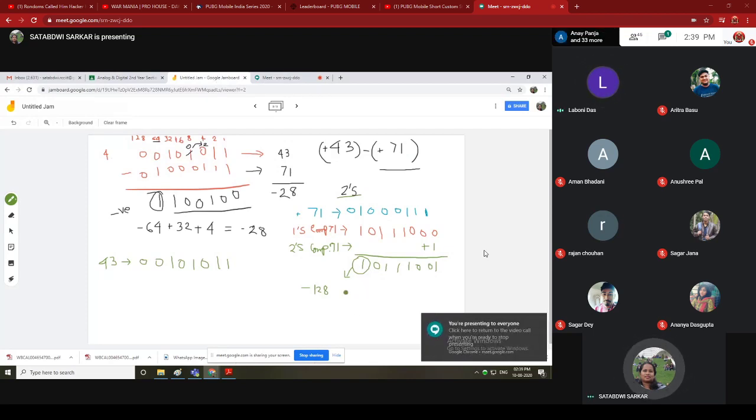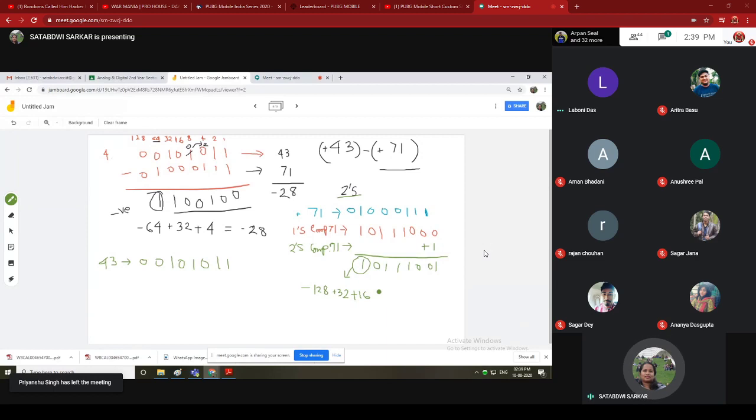And here the values of other positions are plus 32, plus 16. See the positions where 1 is present, we have to take that value only.